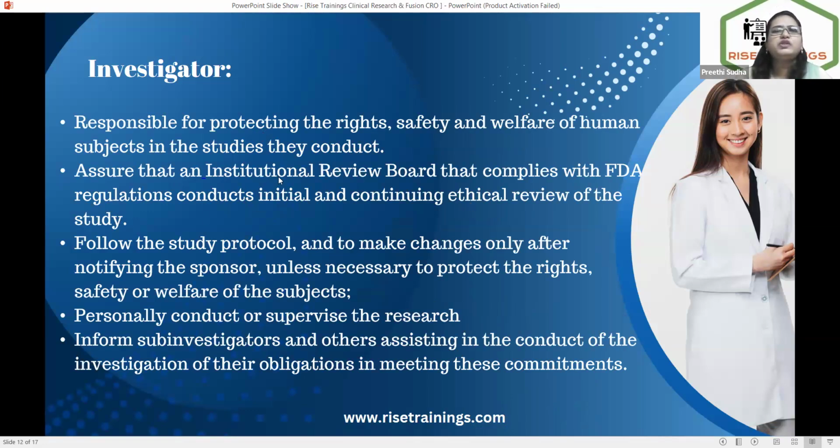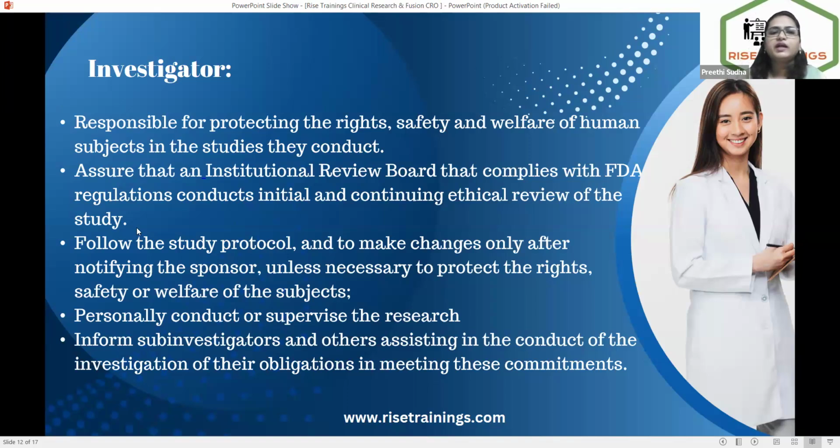So basically, he is the person who is protecting the patients' or volunteers' rights. He has to make them understand that patients are volunteers, what they are going through in these clinical trials, has to take the consent, and is also responsible for their rights.